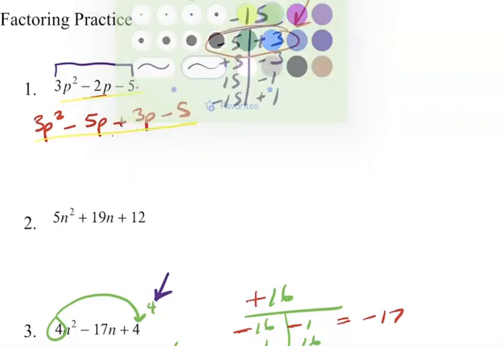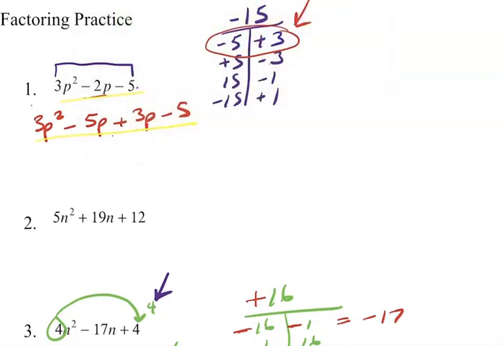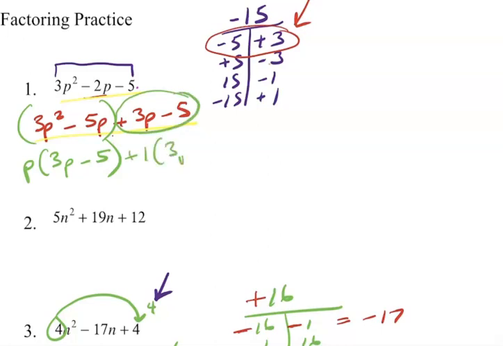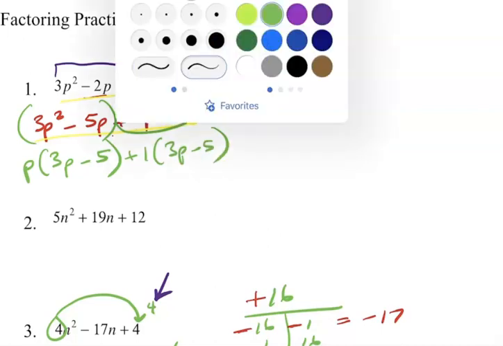Then what you do is you group it. You do 2 at a time. So you do the first 2 together. What's in common there? Pull out a p, and you get 3p minus 5. And then you do the second 2, including the sign, and there's nothing in common, so it gets a 1, 3p minus 5.